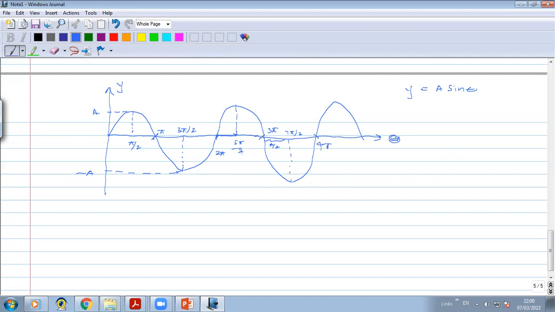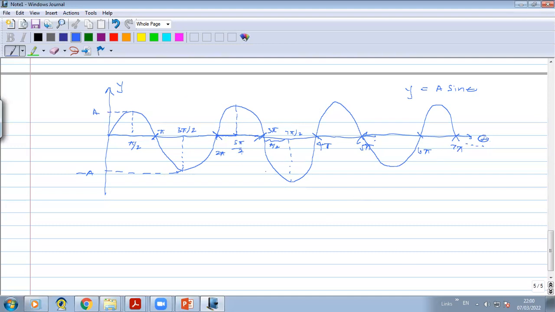So this is π, this is 2π, this is 3π, this is 4π, this will be 5π. If you go further, this will be 6π, this will be 7π, and so on. So this is theta. This is a sine wave.